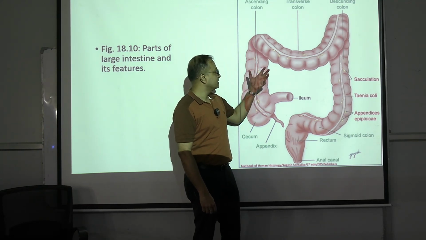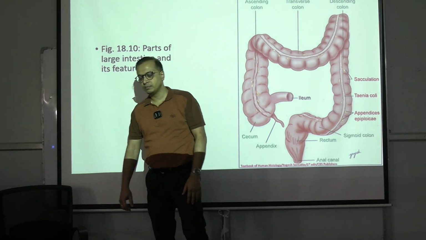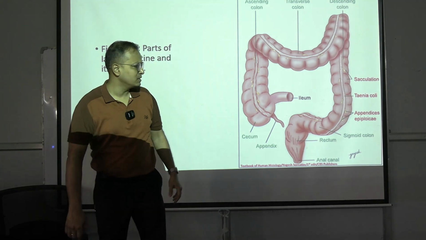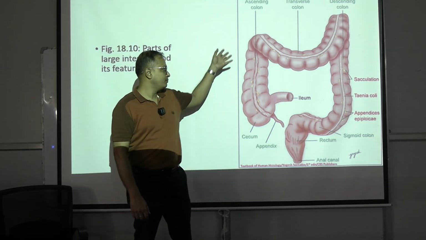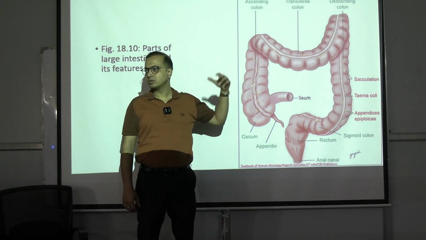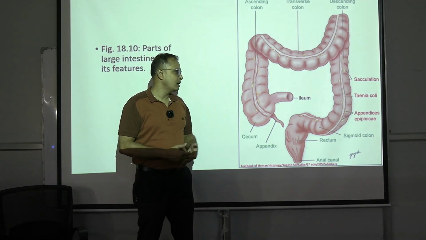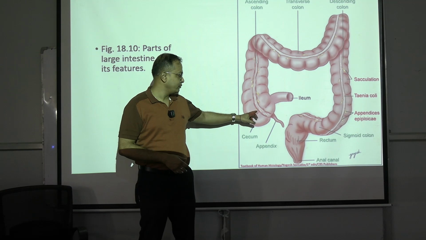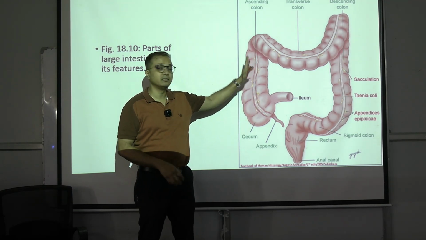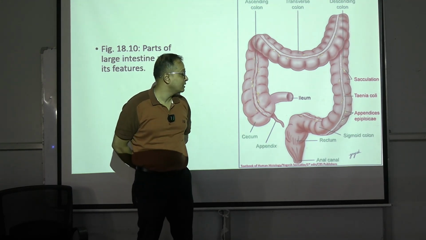Whenever you study the microanatomy of the large intestine, it also has the same pattern. You have a lumen inside, then these four coats: mucosa, submucosa, then the muscle layer, and then the serous or outside layer. In the outside layer we may see plenty of fat present.